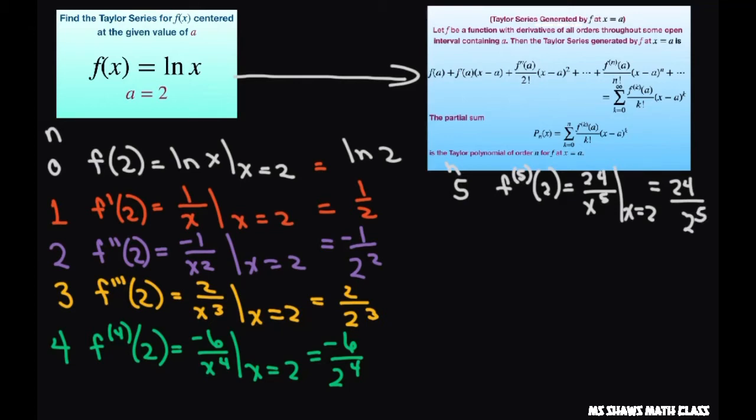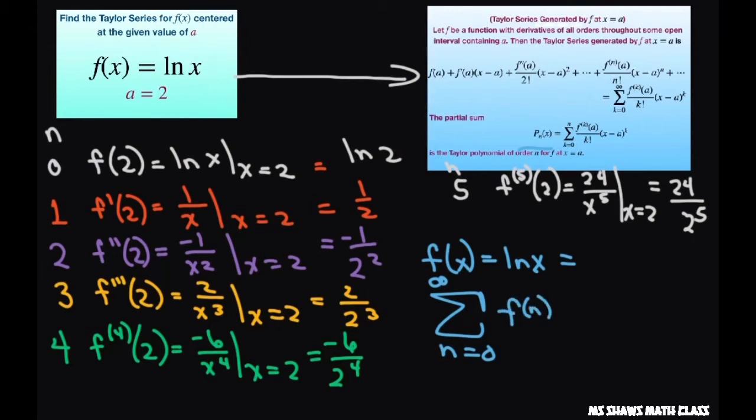All right, so basically writing it as a sum, we're going to get f of x equals ln of x, which equals the sum from n equals 0 to infinity, and we're taking all our derivatives, so f to the n of 2, centered at 2, divided by n factorial times x minus 2 to the power of n.